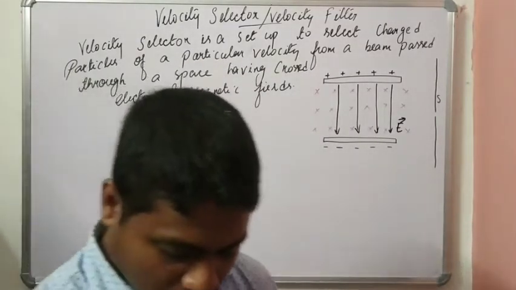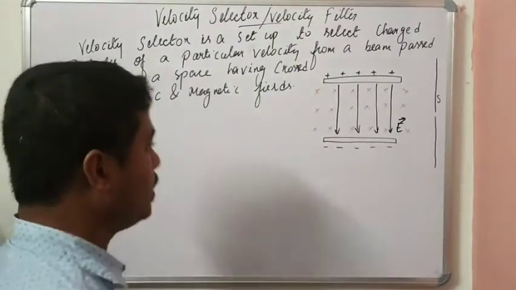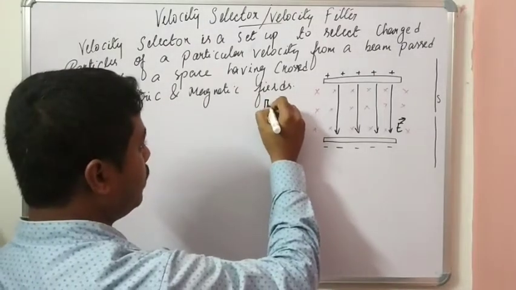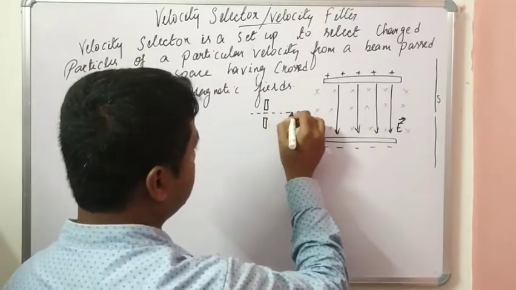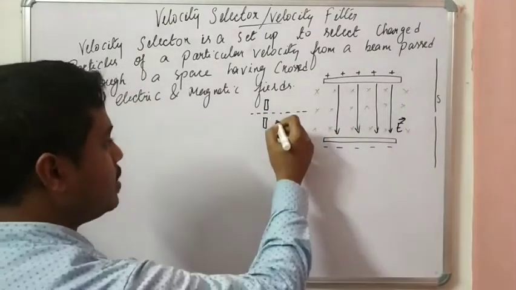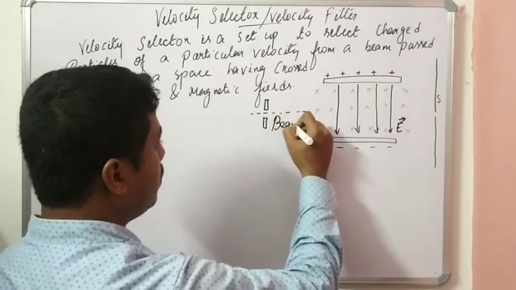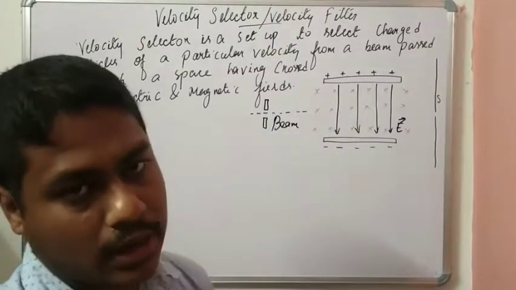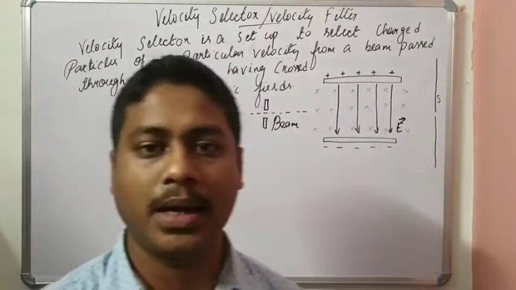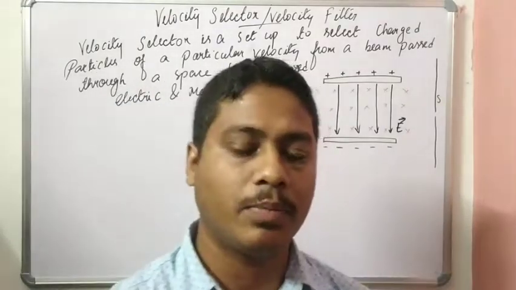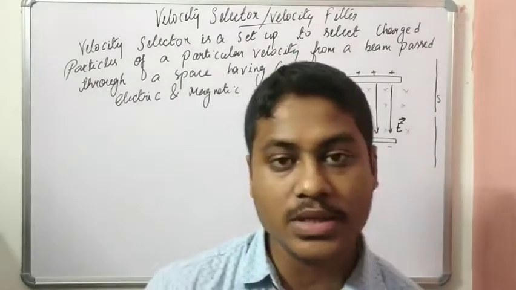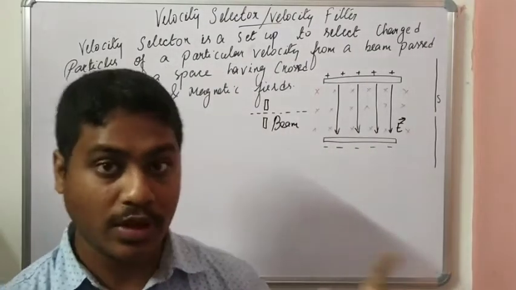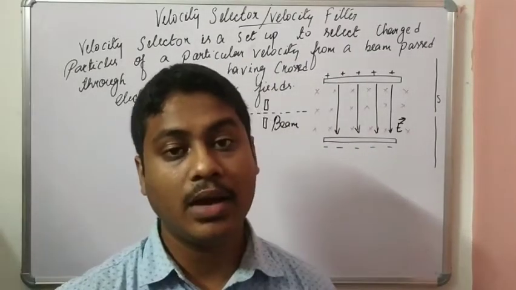Now suppose I consider a beam of charged particles. Suppose we are passing a beam of charged particles from this side. This is a beam of charged particles. Suppose I take the beam as positively charged particles. When we pass a beam of positively charged particles, if there is only an electric field, what will happen?